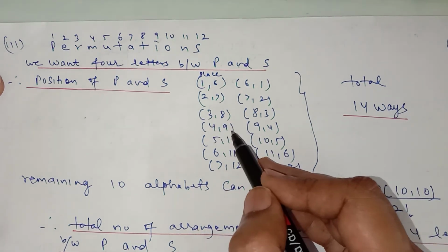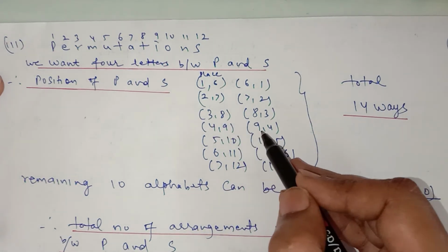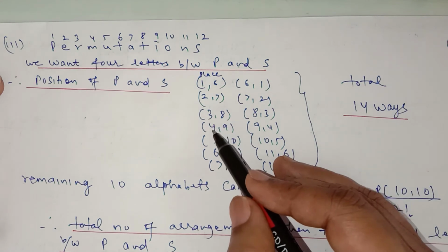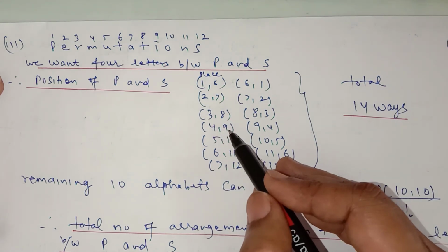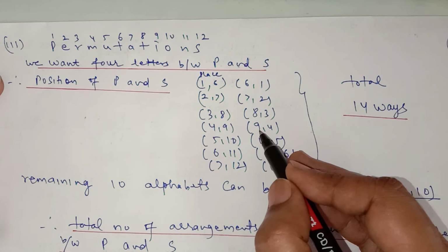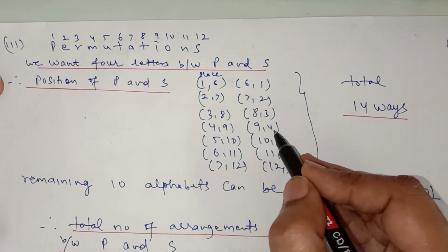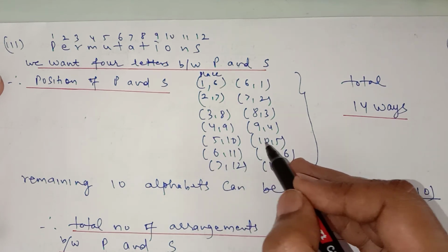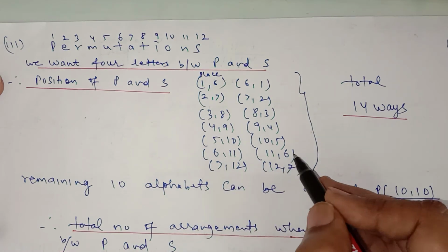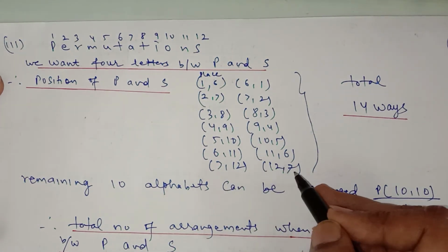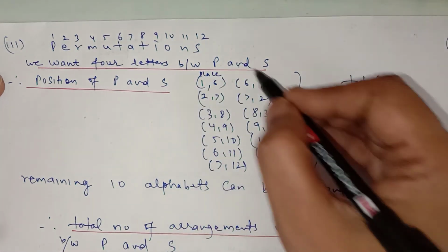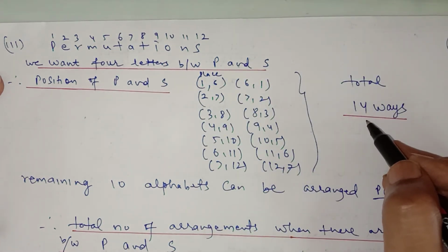Then 4th and 9th place: at the 4th place P should be there and at the 9th place S, or at the 9th place P and at the 4th place S. Similarly 5 and 10, 10 and 5, 6 and 11, 11 and 6, 7 and 12, and 12 and 7. These are the 14 ways in which P and S can be arranged containing 4 letters between them.